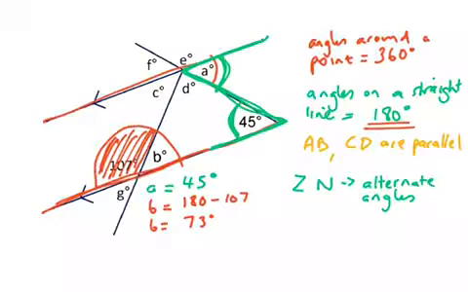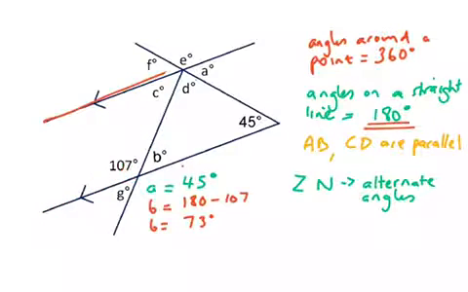What we've worked out so far: we've used the alternate angles rule to tell us that A equals 45 degrees, and we've used the fact that angles on a straight line add up to 180 to work out that B is 73 degrees. I'm just going to rub out the markings that I made so we can clear up the mess, and then write in what we found out so far.